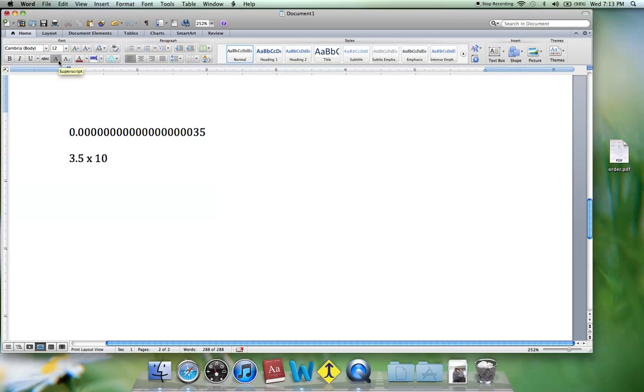Now, this is a really, really small number, okay? And so now our exponent is going to be negative. I've already forgotten what that number was, so let me count again: 1, 2, 3, 4, 5, 6, 7, 8, 9, 10, 11, 12, 13, 14, 15, 16, 17, 18, 19. So 10 to the negative 19, okay?